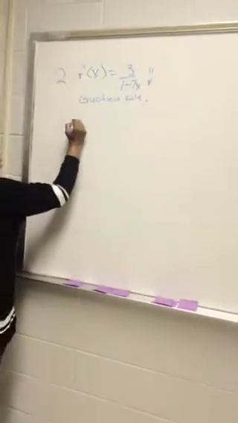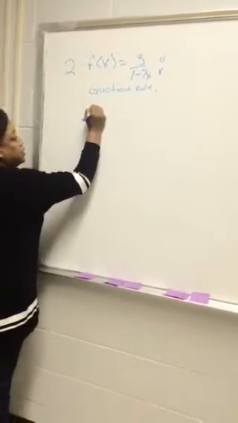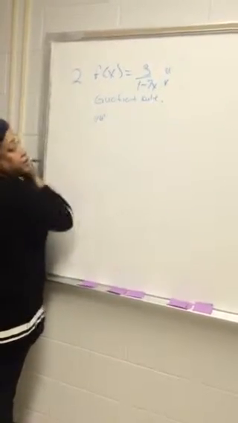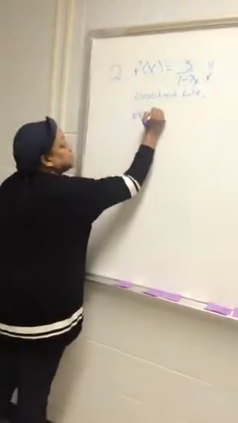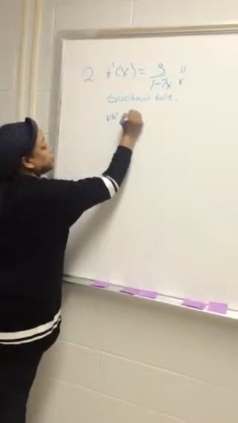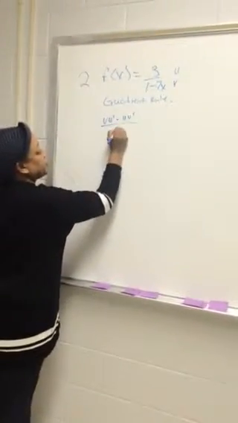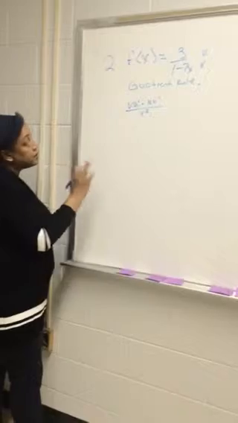So the quotient rule says you're going to take v, derivative of u, minus u, derivative of v, over v squared. So here we go.